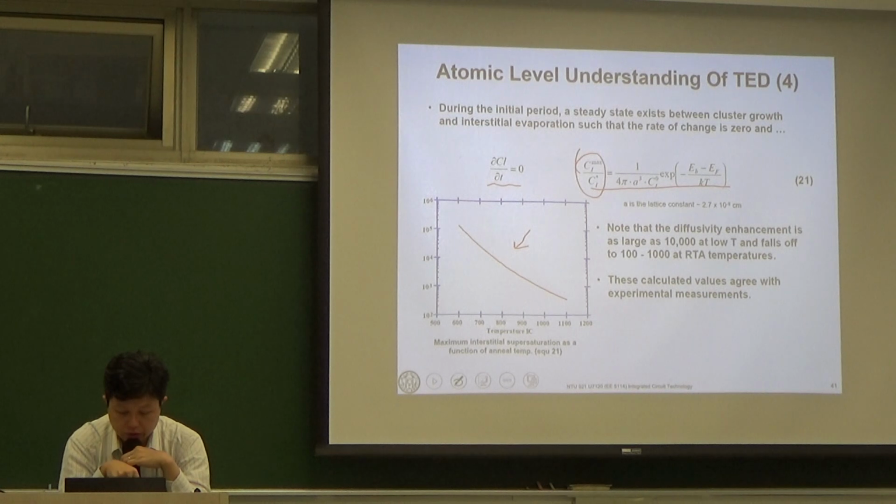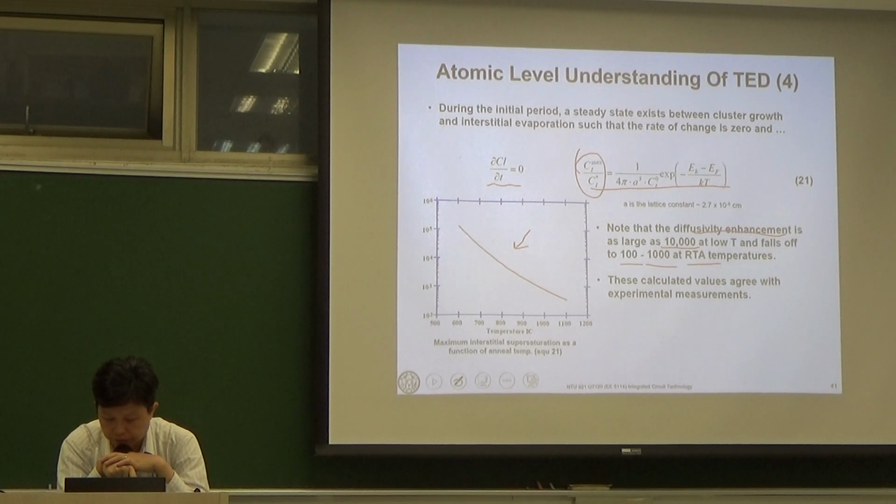From this equation we can plot these figures. Also this diffusivity enhancement can be as large as 10,000 at low temperatures and falls to 100 to 1,000 at RTA temperatures.